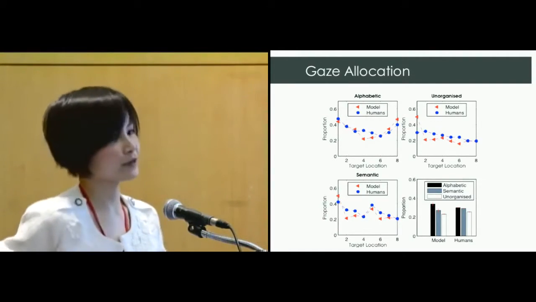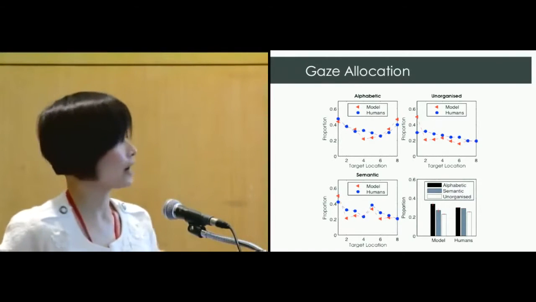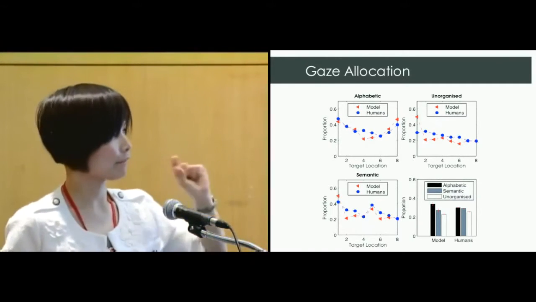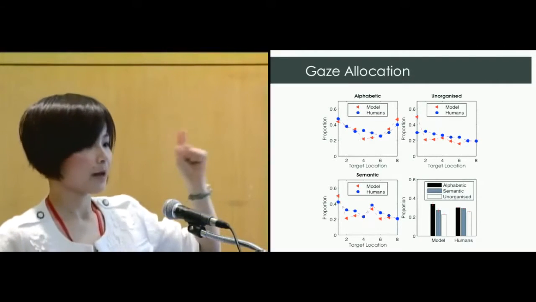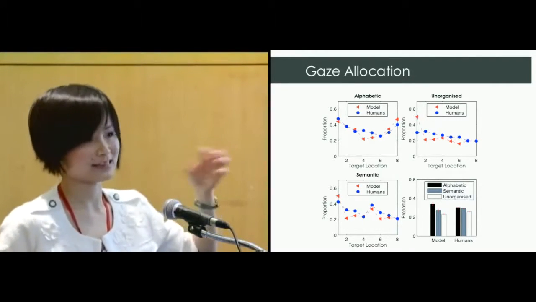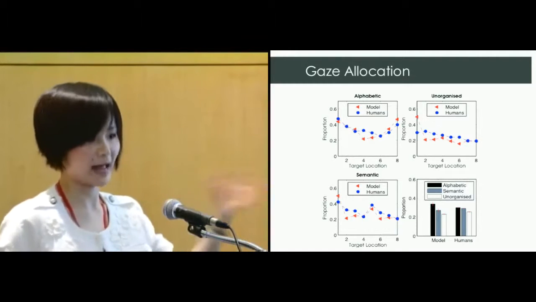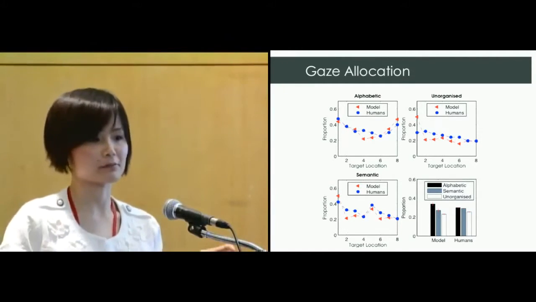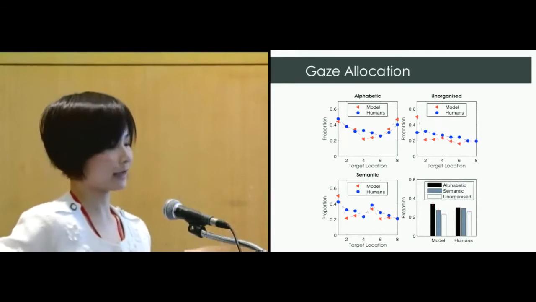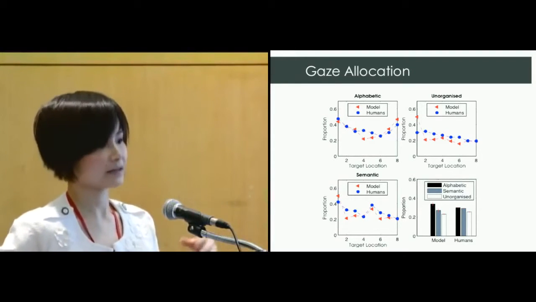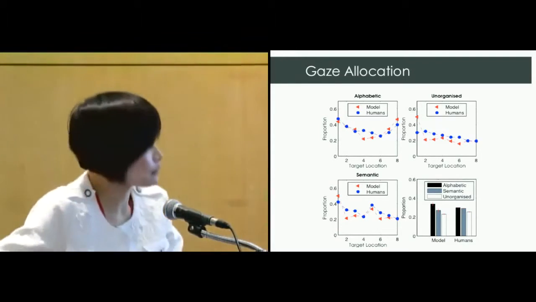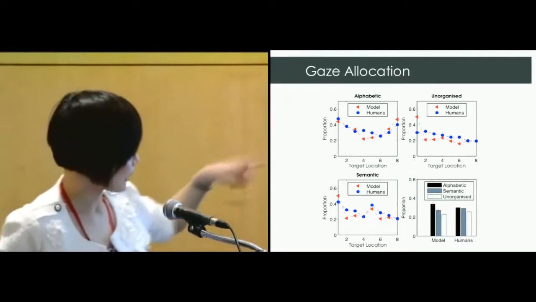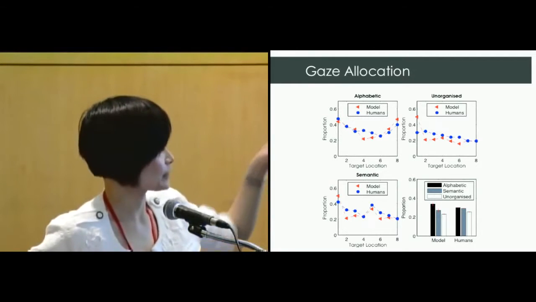Because of the nature of English words, in alphabetical menus, the targets at the top of the menu are likely to start with A and B, and in the same case if the items are at the bottom of the menu, the words are likely to start with Y and Z. So participants were more efficient to find the targets. And as you can see, the model predicts this effect.